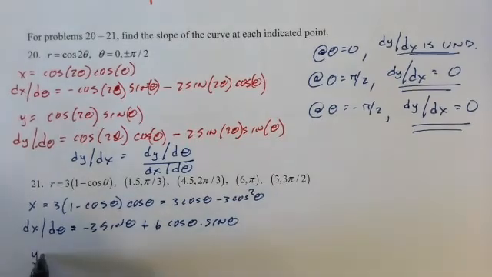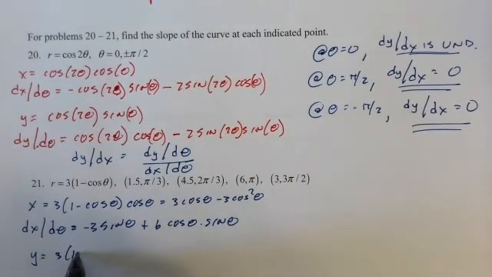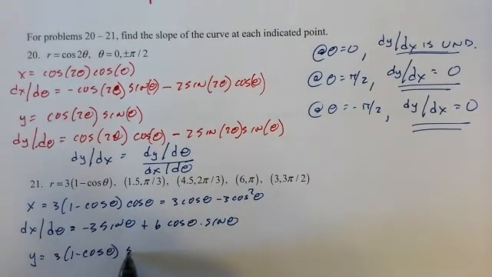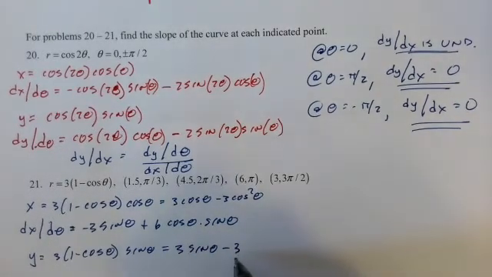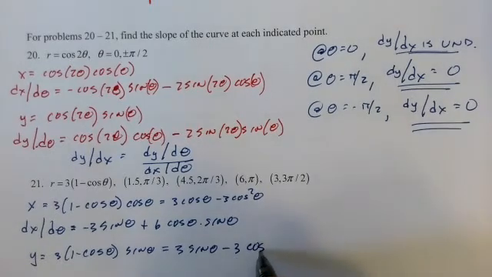Wow. y equals 3 times 1 minus cosine of theta, times sine of theta, which equals 3 sine of theta minus 3 cosine of theta sine of theta.